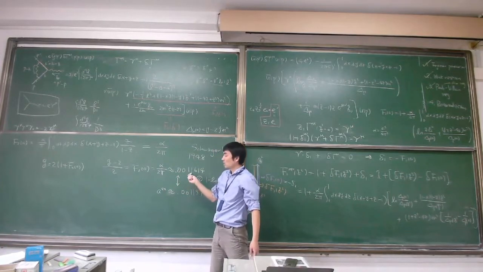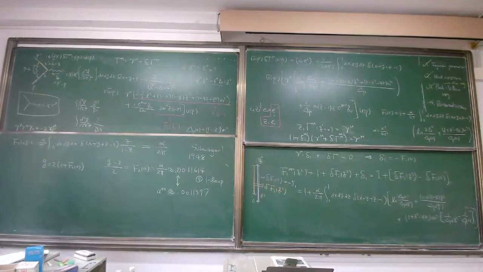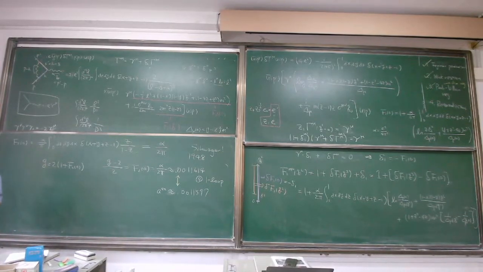And then you have a slight shift, which is different from the prediction coming from the ordinary Dirac equation. Okay, so this is one of the milestones of quantum field theory in the first half of the 20th century.